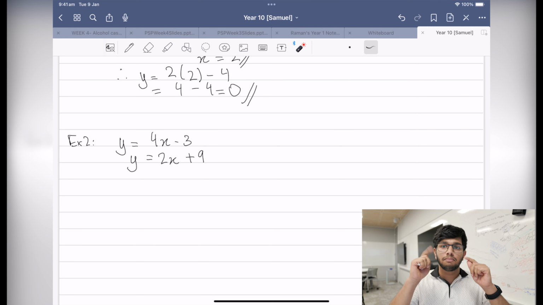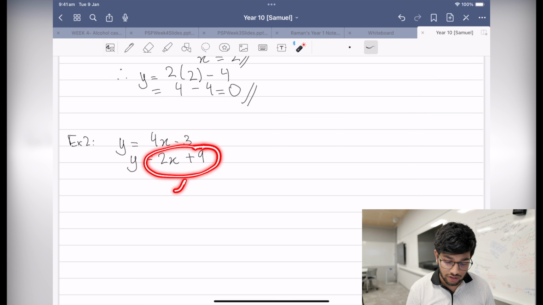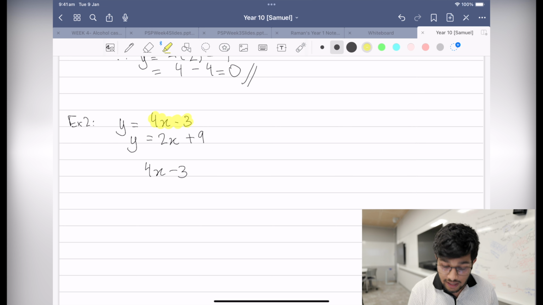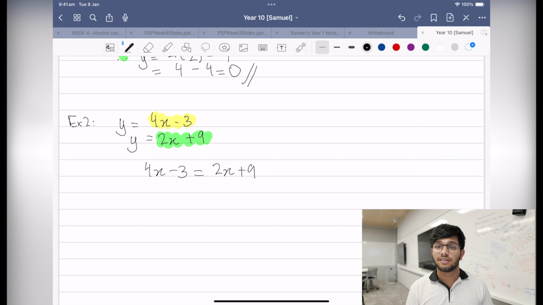So in the same manner, because this right-hand expression is equivalent to y, and this right-hand expression is equivalent to y, we can say, therefore, 4x minus 3, so this yellow part, is equal to 2x plus 9, this green part. And then we can simply just solve.